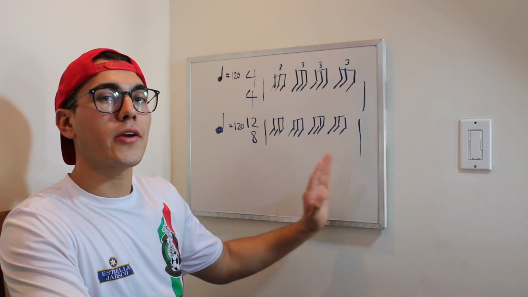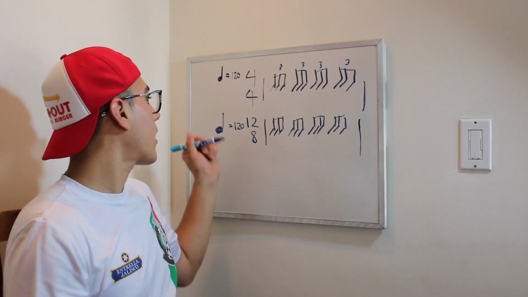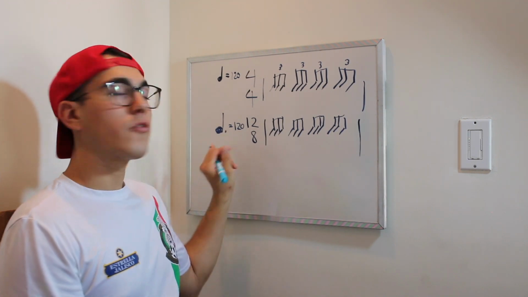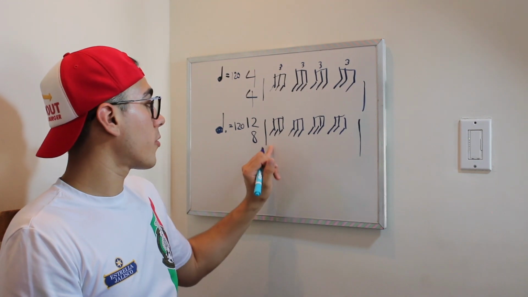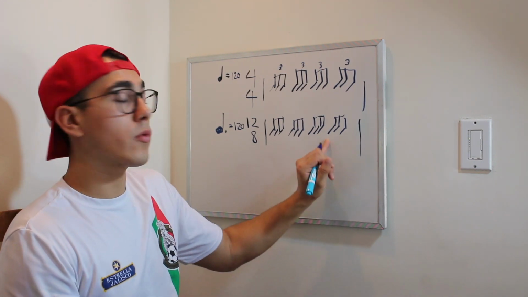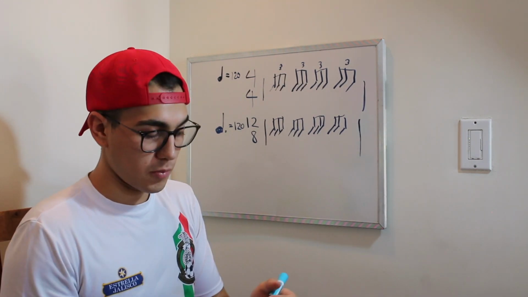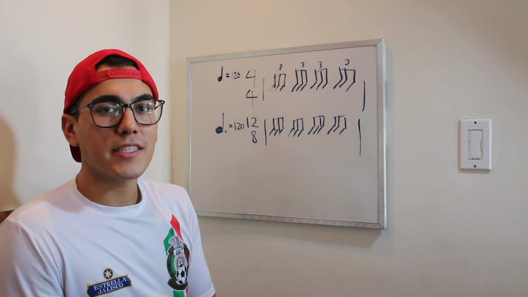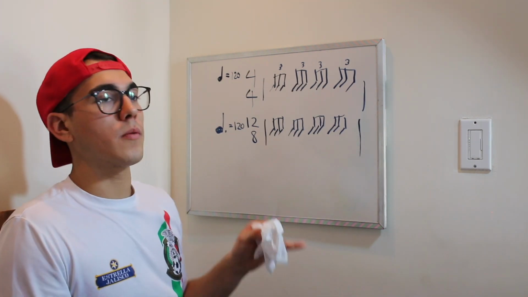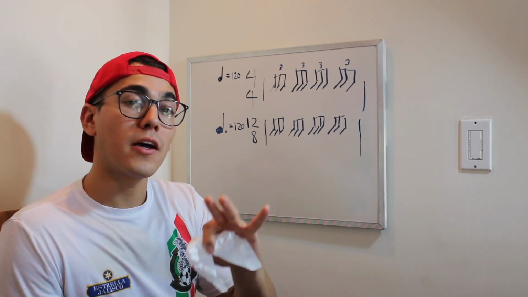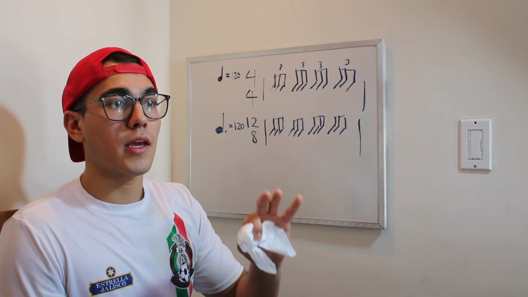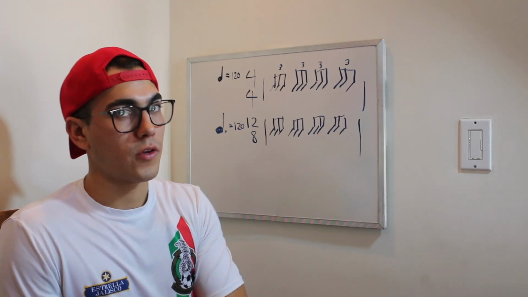Basically, this measure right here is all triplet form, which is why you have to put the dotted quarter note for the metronome beat, which means that the metronome beat is going to have a group of 3 eighth notes, which is exactly what we want to have or feel within the music. Now, this goes for any time signature that has an 8 at the bottom, which means that every single grouping of 3 eighth notes is going to be felt in triplet form rather than the standard eighth note feel.